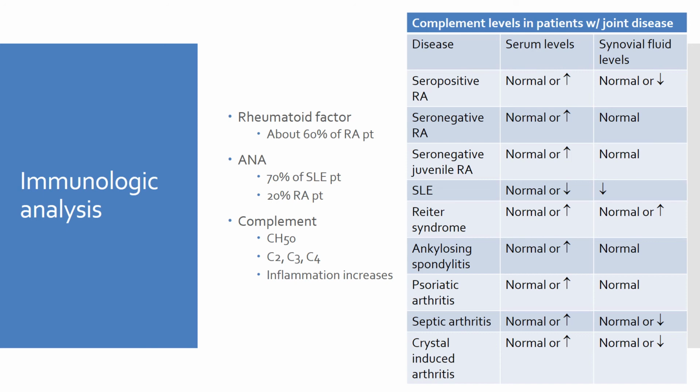Now, in a normal patient, so we'll presume all of us, we have complement levels in our joint fluids that are about 10% of the total serum complement concentrations. So you would obviously need a serum level to compare the synovial fluid level with.